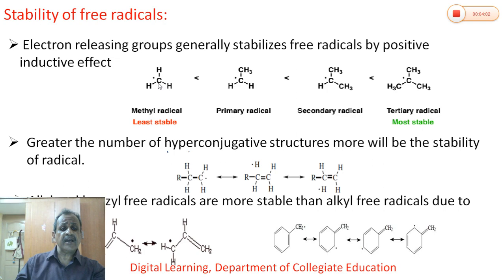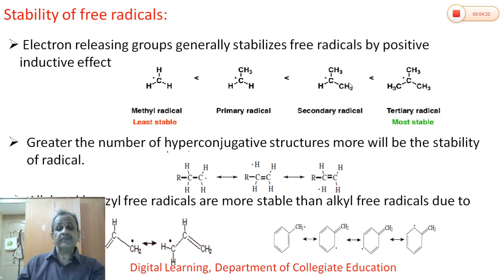On the basis of the nature of the carbon on which the electron is present, there are three types of free radicals. Carbon containing a minimum of two hydrogen atoms is called primary carbon. Electron on primary carbon gives a primary free radical. Here there are three hydrogen atoms, so this is also primary carbon, so it is also a primary free radical.